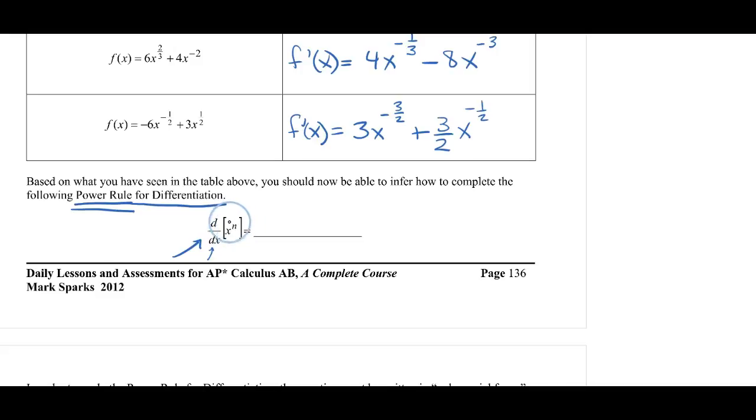So the derivative of any x to any power, n is my power here, is equal to n, what that power was, times x to the n reduced by 1. And this d dx is called a differential operation.